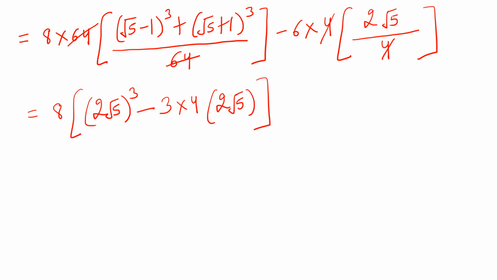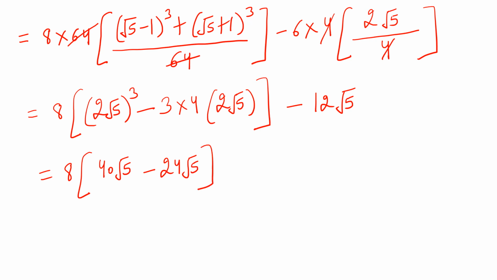Students, here I have used the identity a cube plus b cube is equal to (a plus b) whole cube minus 3ab into (a plus b). And then we have minus 12 into root 5. Now this further becomes equal to 8 into (40 root 5 minus 24 root 5), bracket close, and then we have minus 12 root 5.